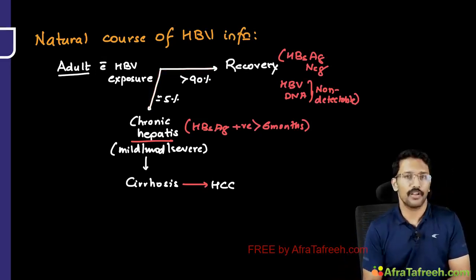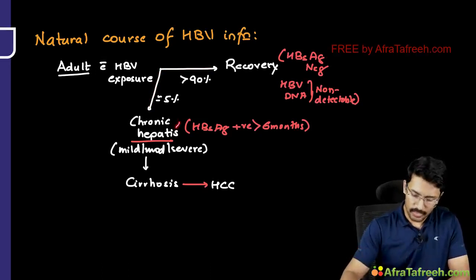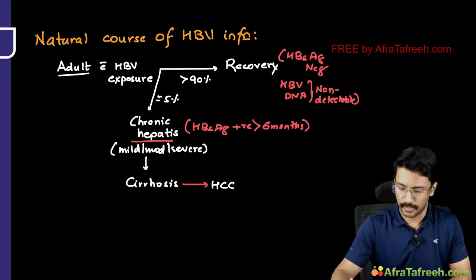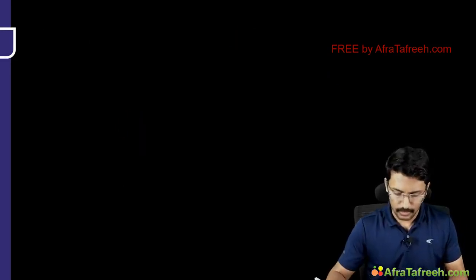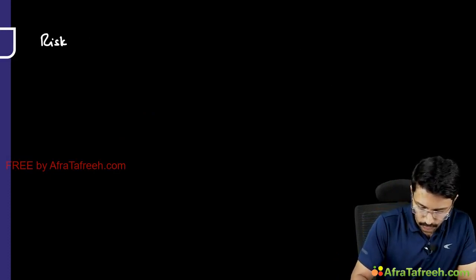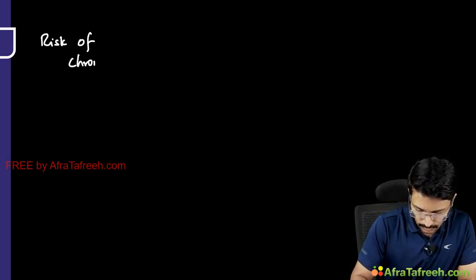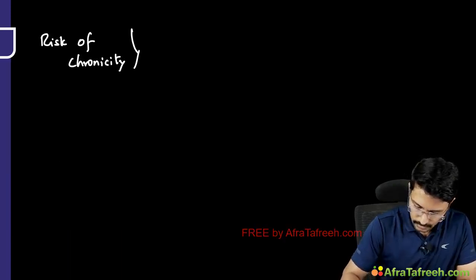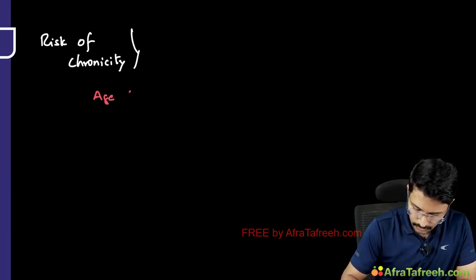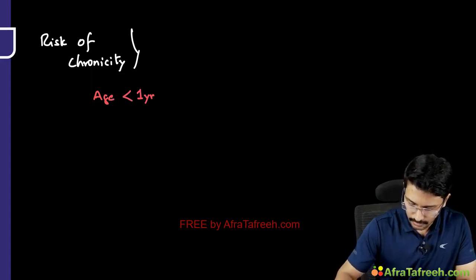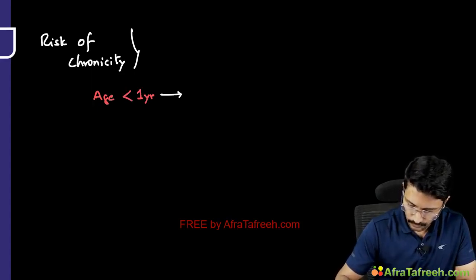What is the most important factor that decides the chronicity risk after HBV exposure? Pretty important MCQ indeed, right? So I'll tell you some important data and then you tell me what is the single most important risk factor. So risk of chronicity after hepatitis B exposure, if the age of the individual is less than 1 year, or in other words, it's an infant, is more than 90%.